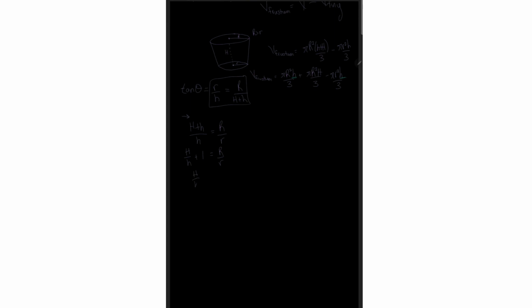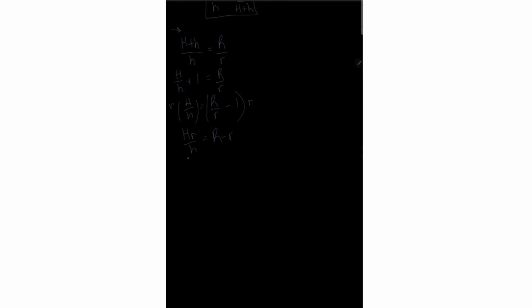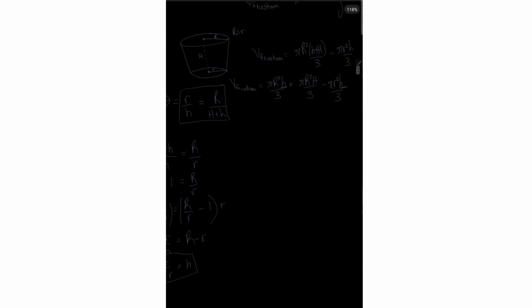Move that 1 over. Then I'm going to multiply both sides by little r, make it a little bit easier here. I'm going to multiply by little h on both sides. I get this. Now I have something I can plug in up here. So let's do that.